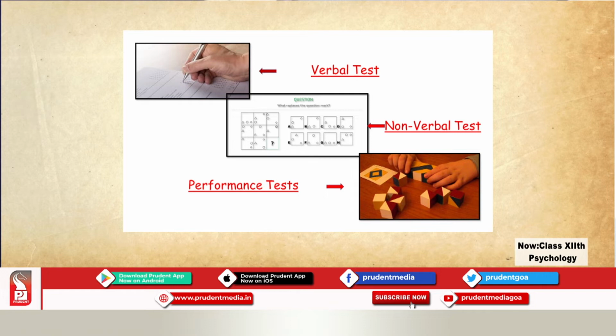So, you have to match that color and see the design and make the particular pattern. So, in this case the subject has to arrange it. There is no use of language or anything, but there will be a time given to produce the particular design. A major advantage of the performance test is that it can be easily administered to people belonging to different cultures, okay. So, it is a good thing, it is a strength in this case.